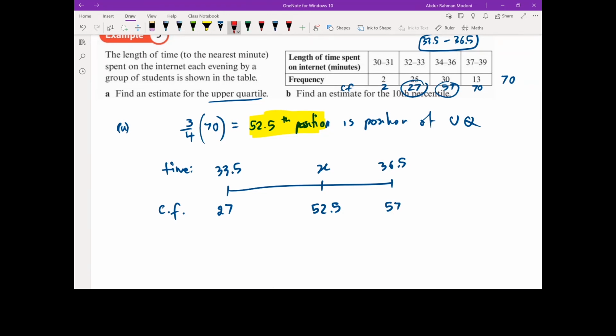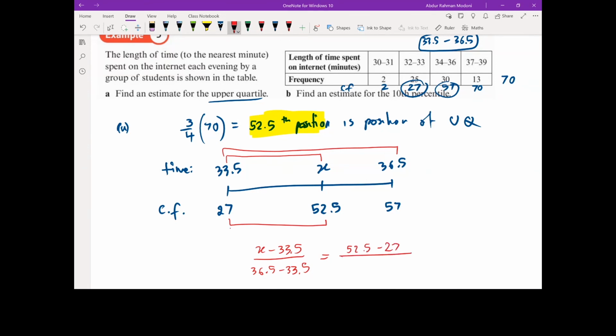I can say that this distance here, x minus 33.5, over the total distance here, which is 36.5 minus 33.5, must be equal to this distance here, which is 52.5 minus 27, over the total distance here, which is 57 minus 27.